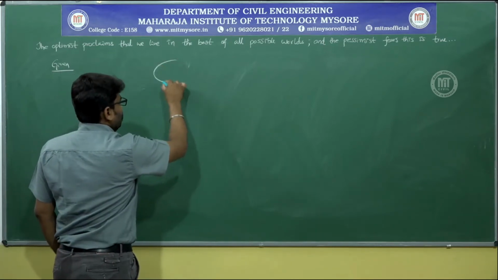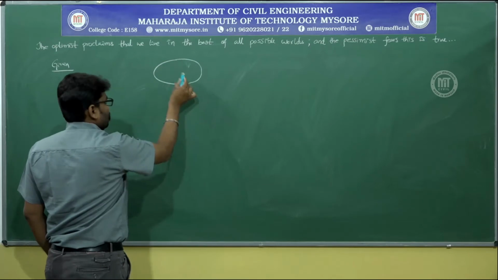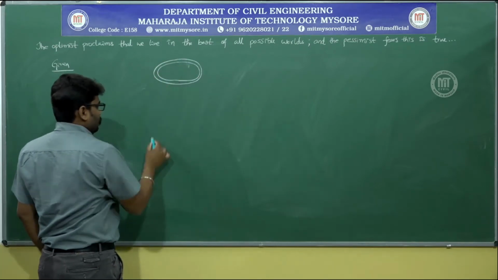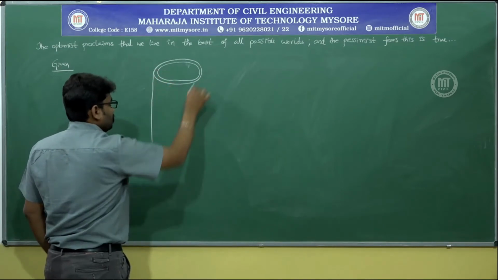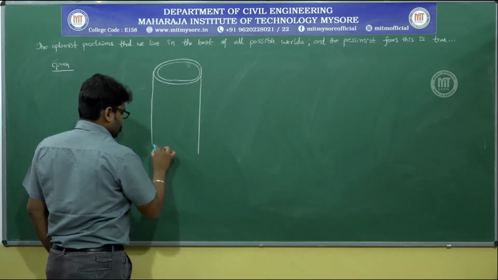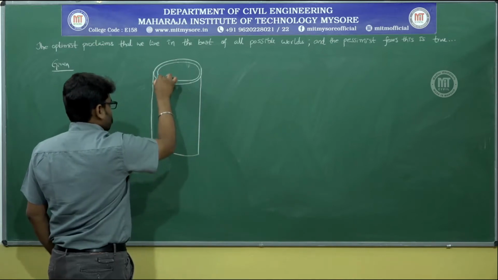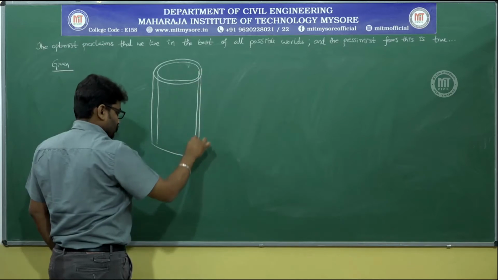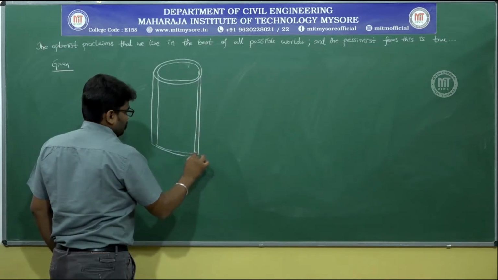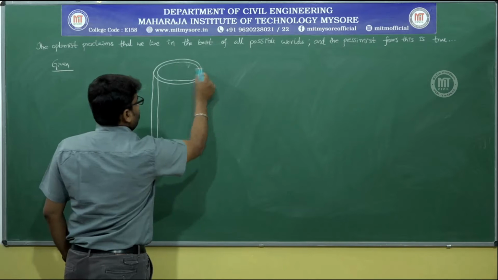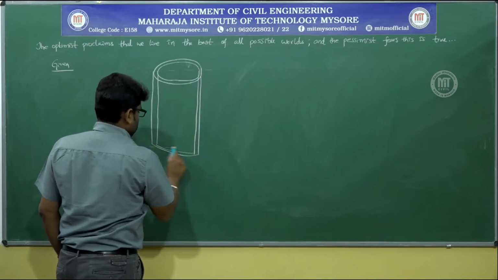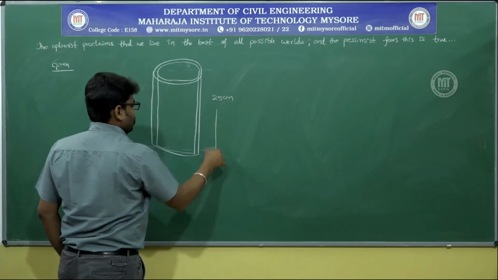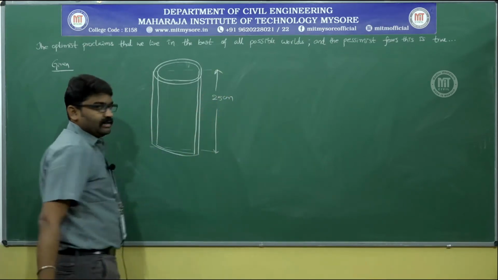Let us assume that you have two cylinders, as you can observe here. Now, the height of the cylinder is 25 centimeter.